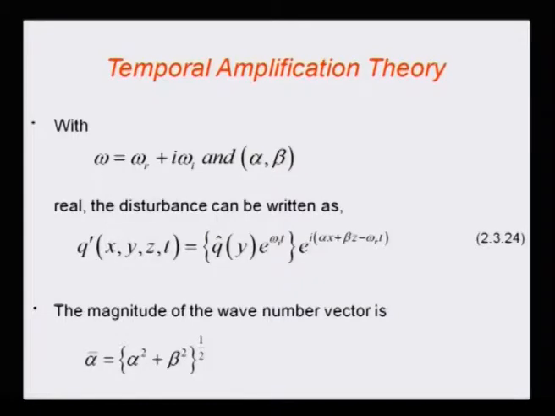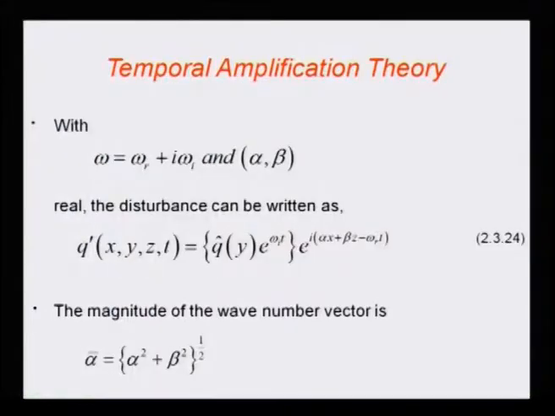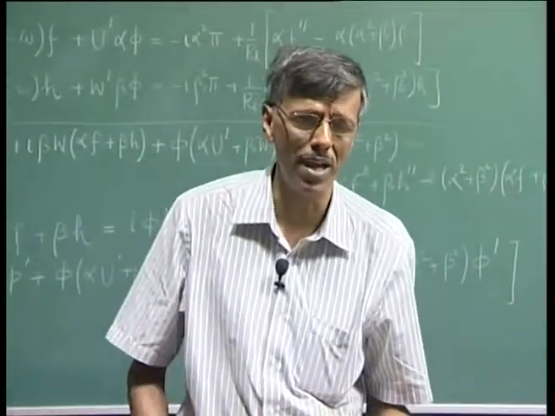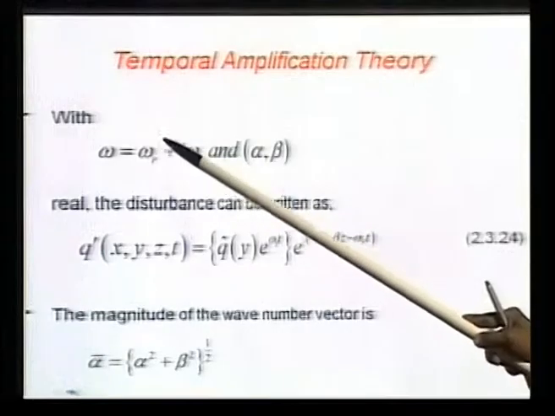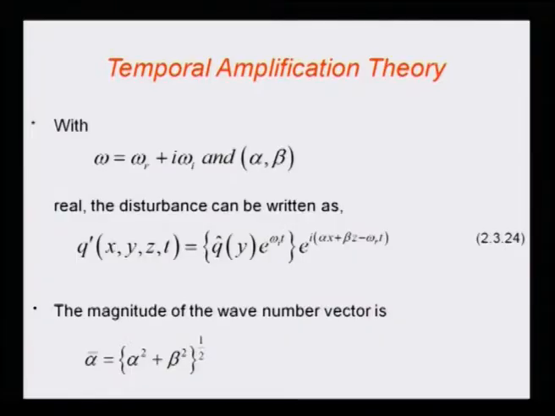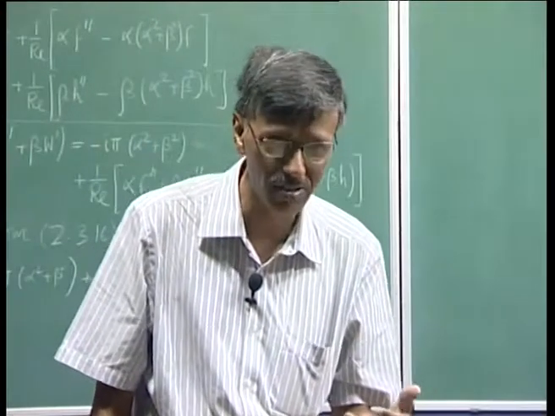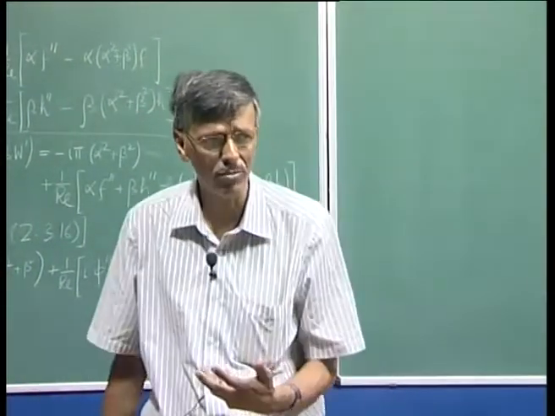disturbances could be studied using what we call the temporal amplification theory. That is a euphemism for basically considering omega as complex. So, here omega will be complex, and the real part will determine the phase, and the imaginary part, depending on its sign, will tell you whether the disturbances are growing with time or decaying with time, right.